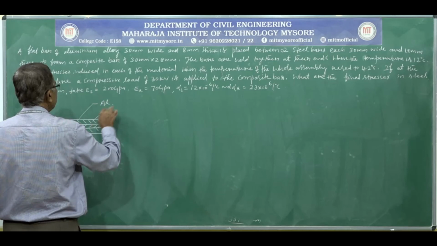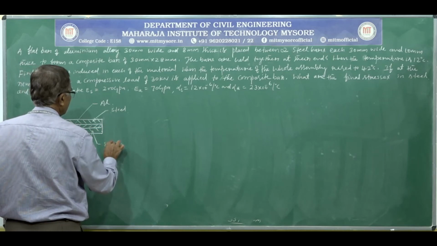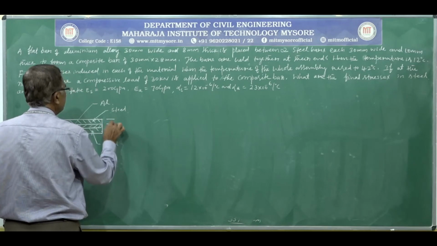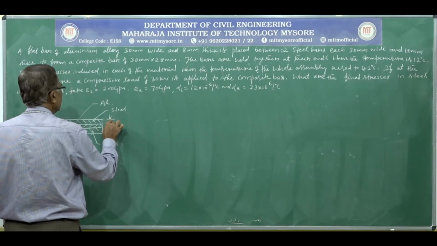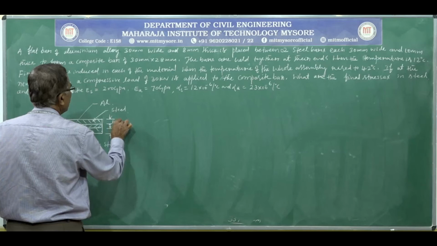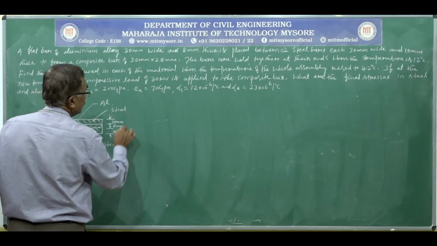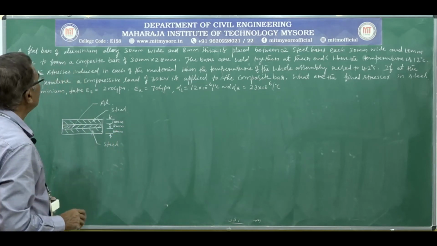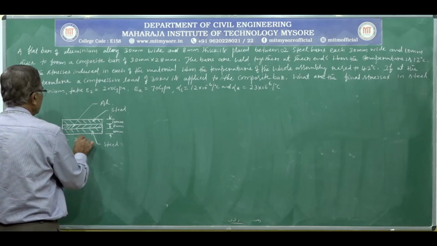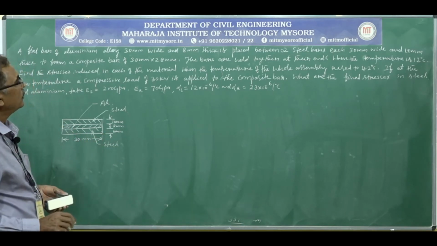This is aluminum, steel. The thickness of steel is 10 millimeter and aluminum is 8 millimeter, again 10 millimeter. So total thickness is 28 millimeter and the width is 30 millimeter. This is the cross section.